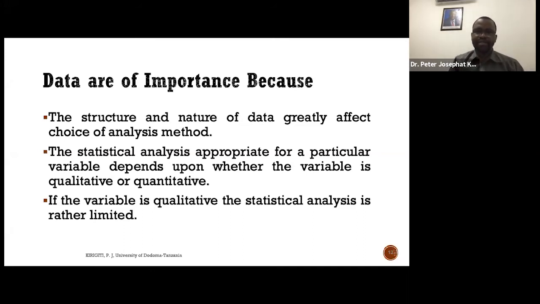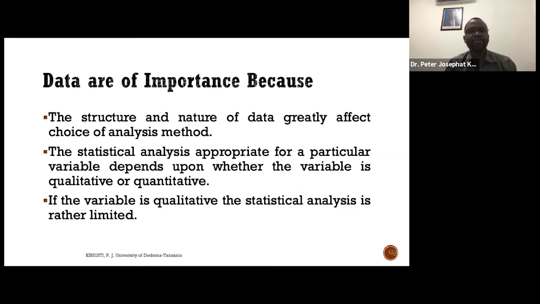And it is very unfortunate that we have limited statistical analysis for qualitative data compared to quantitative data. We have a rich array of statistical analysis if we have quantitative data. That's why, for instance, you can collect information about age. Are you collecting the actual values of age of the respondents?